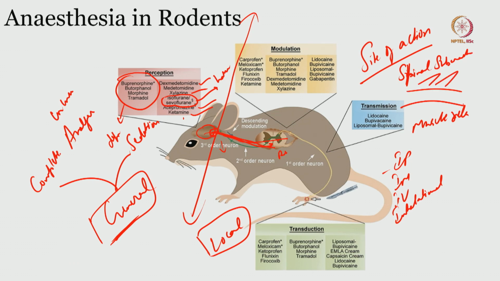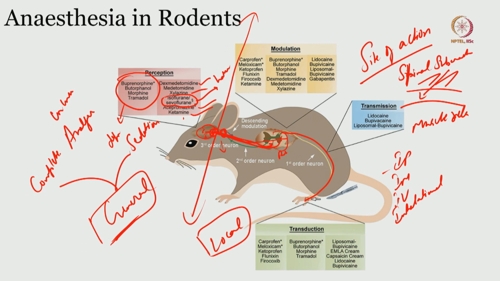If the drug is injected into the spinal subarachnoid space, it will act on the spinal cord and numb the second order neuron. Just to give you a recap of that anatomy, from the periphery to the spinal cord is first order, spinal cord to the brain is the second order. Alright, and no, sorry, second order is till the thalamus, then from thalamus onward is the third order neuron.